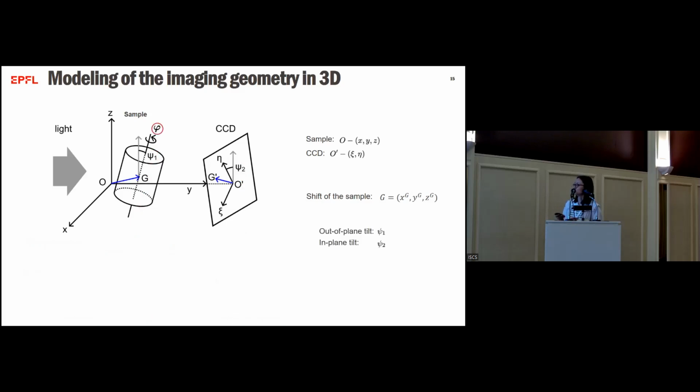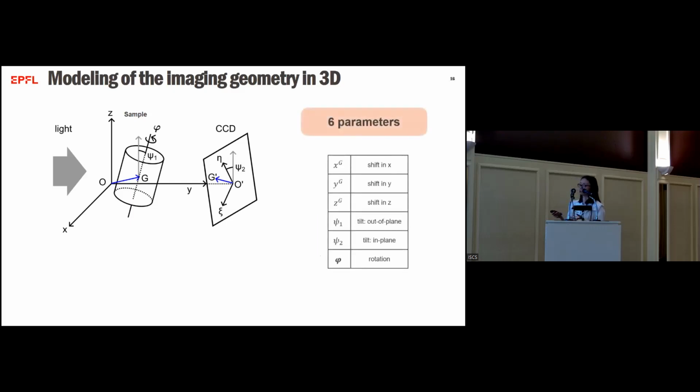And in the end, we have the sample rotating around its own orientation axis at different angles, typically between 0 and 360 degrees. We represent these by a vector phi. So now we have in total 6 geometric parameters that completely describe the 3D imaging geometry.